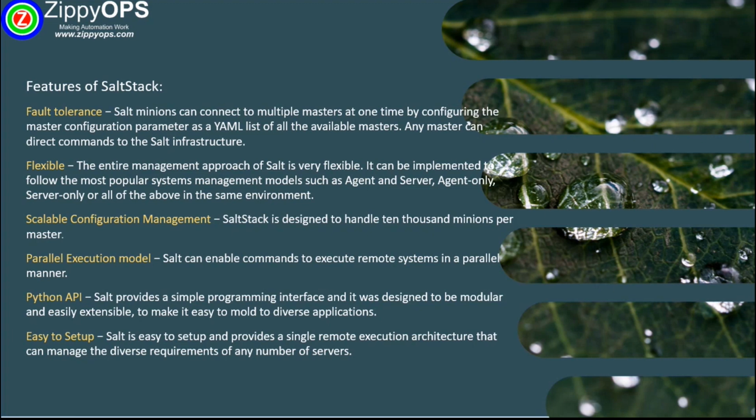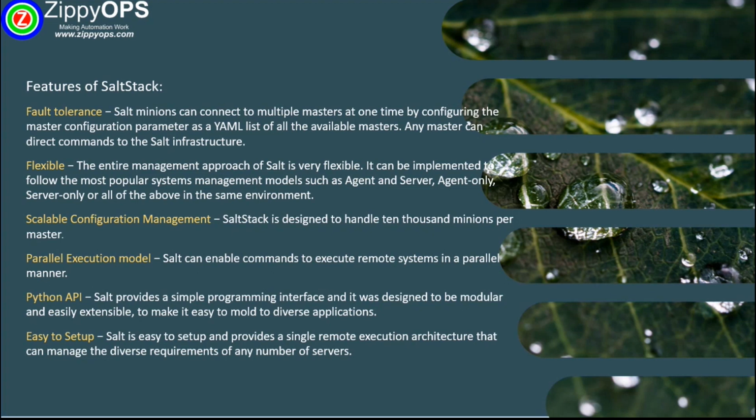Salt can be managed in multiple topologies. You can work in a master-slave architecture model, where you have a Salt master and an agent available that communicates with it. That is one kind of topology. Or you can configure Salt with an agent-only topology.